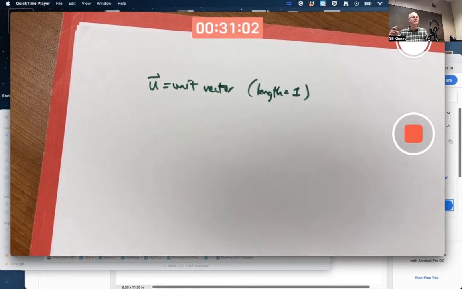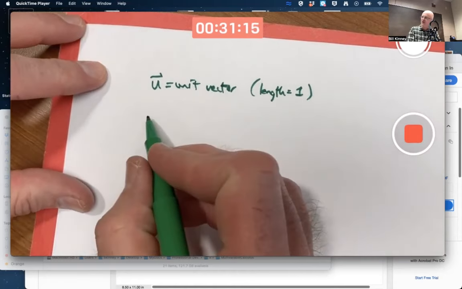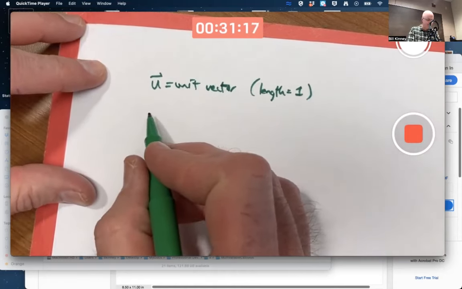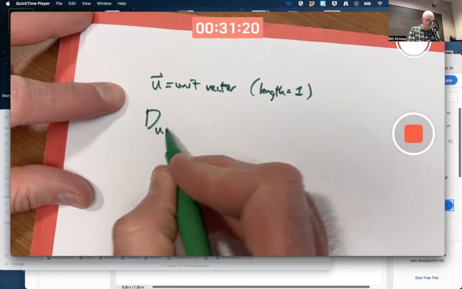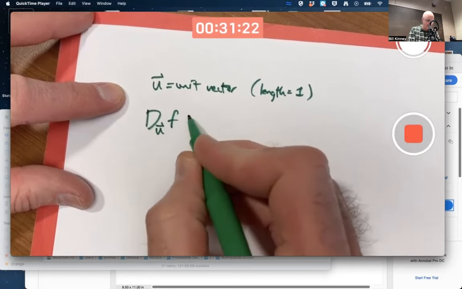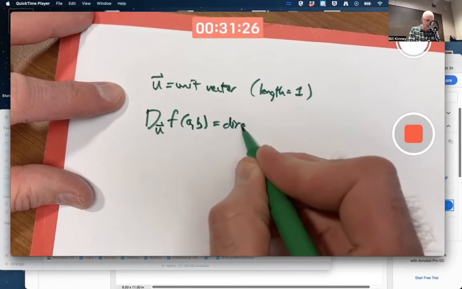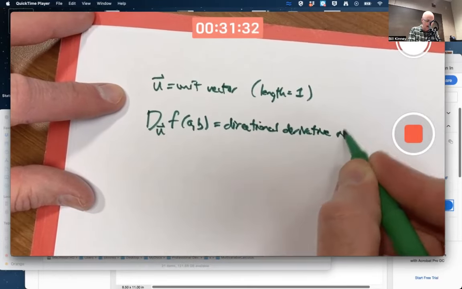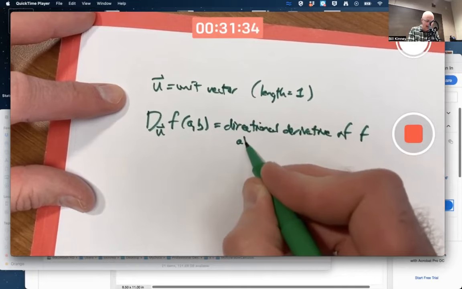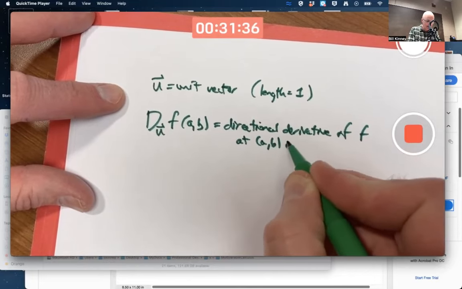What if you're trying to find the derivative of a function in the direction of some vector that's not a unit vector? Well, you just find a unit vector in the same direction. Normalize the vector. D_u f at a point (a,b) is called the directional derivative of f at (a,b) in the direction of u.